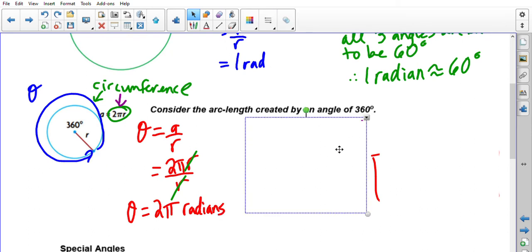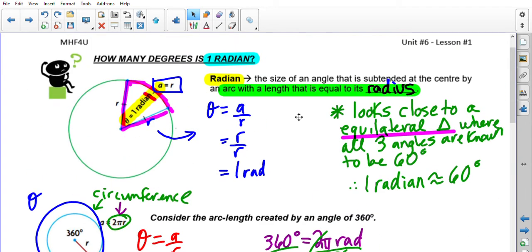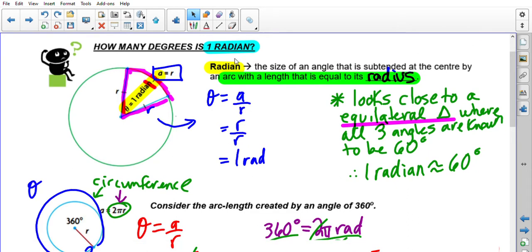So we just discovered that the relationship between the two is that 360 degrees is equal to 2 pi radians. This is good, we found a relationship between these two, but I still haven't figured out how many degrees is 1 radian.